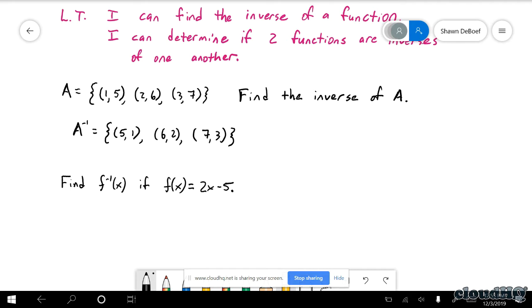Okay, so I'm giving an f of x function. f of x equals 2x minus 5. And I'm saying to find the inverse of f of x, or f inverse of x.